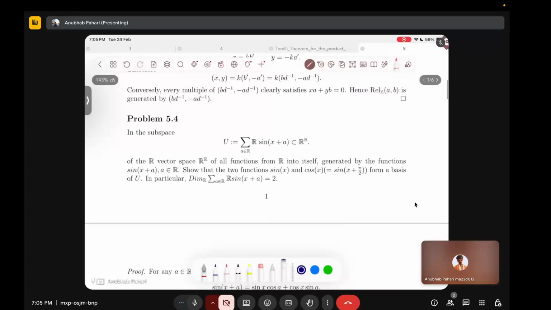Now you can take 5 minutes to understand this problem, then we will start solving this.